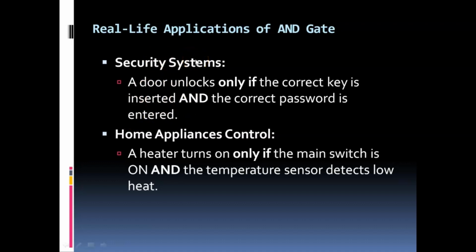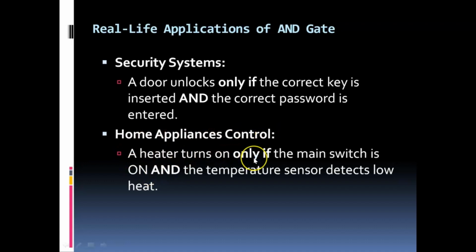The door is built in such a way that you have to put in the correct key, and the password should also be given properly. If both of them match, only then does your door open. So this is one input, this is another input. When both are true, you get the output as 1. That means it works. Next example, you can see home appliance control.